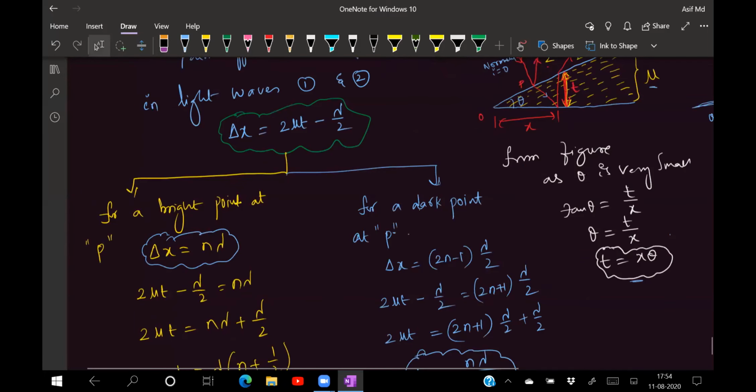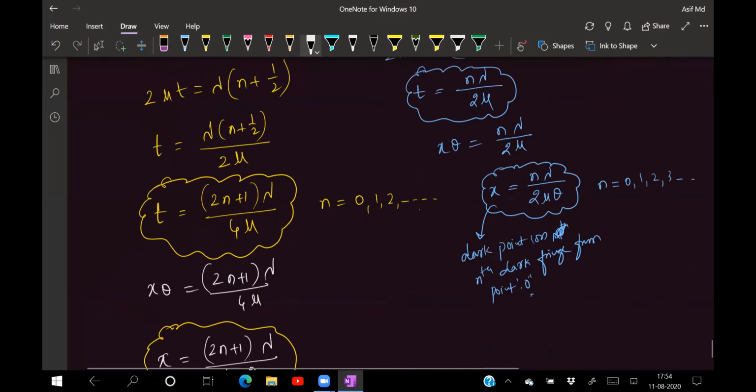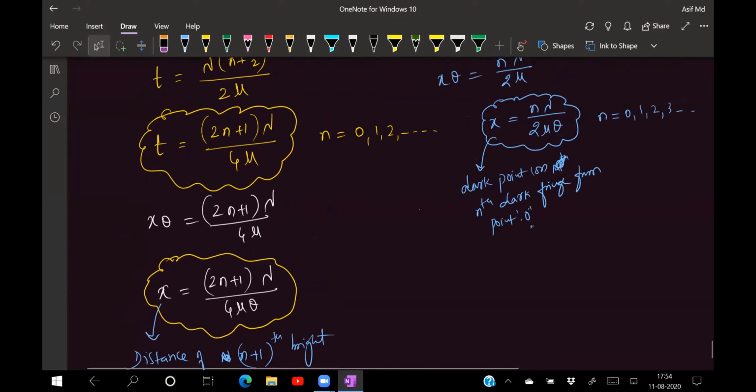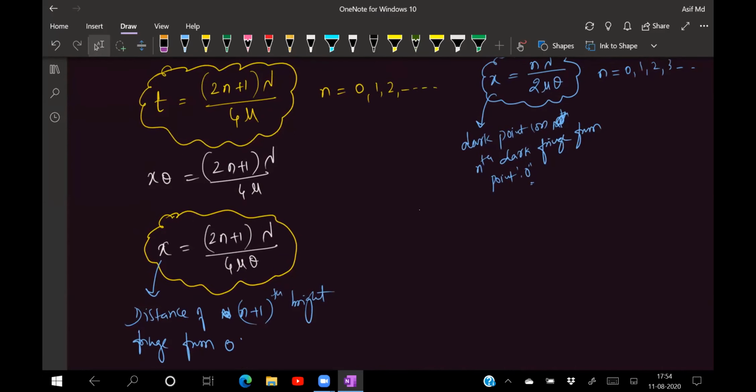That means in the diagram, at O, first it will be a dark point, then a bright point, then a dark point, then a bright point, then a dark point, then again a bright point. So alternately dark and bright fringes will be formed. If it is at a distance of x, how do you calculate the value of x for a dark point or for a bright point? These are the two standard formulas you need to remember in terms of theta.